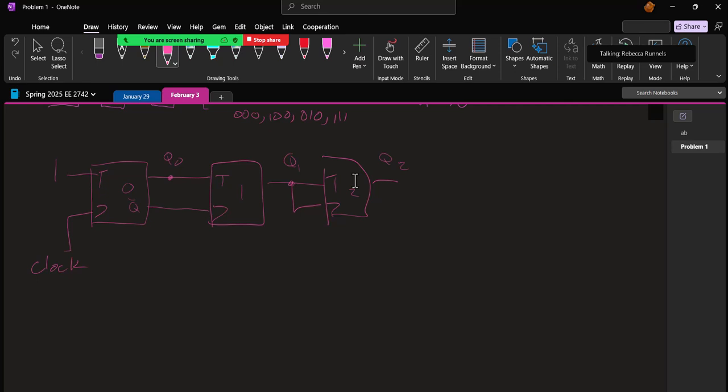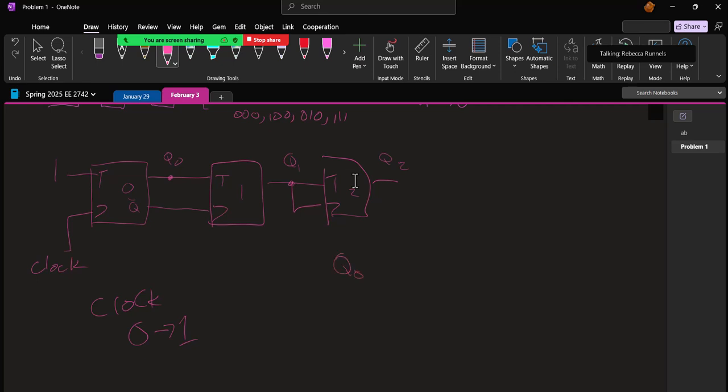So when does a flip-flop change? If it's positive edge triggered, when the clock goes from 0 to 1. So you have to pay attention to what the clock is on each of these. So let's draw this.